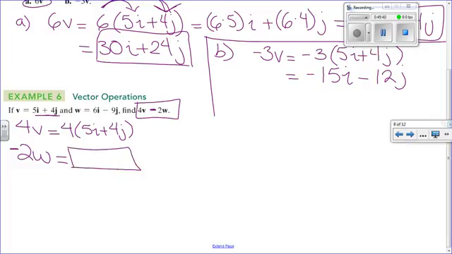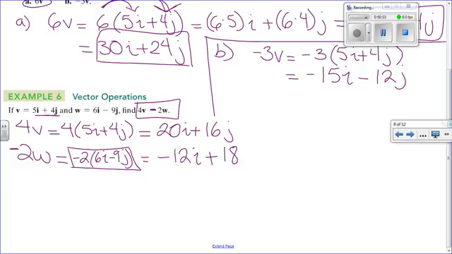I'll show you. So if we multiply this by 4, we get that, right? Now, if we multiply -2 times 6i minus 9j, that will be -12i plus 18j.